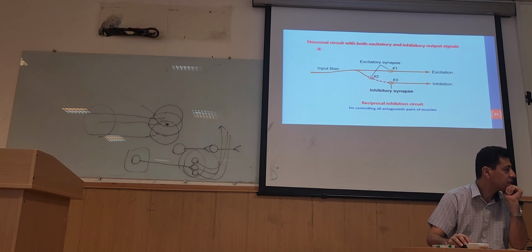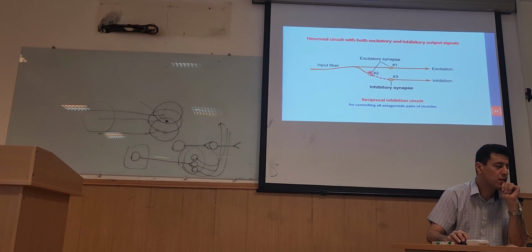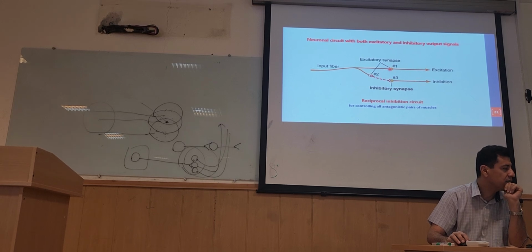Another type of circuit is the reciprocal inhibition circuit. One input fiber comes to the pool. It has two branches. Branch 1 directly activates output neuron number 1. But branch 2 activates an interneuron, which is inhibitory, and this interneuron inhibits neuron number 3.